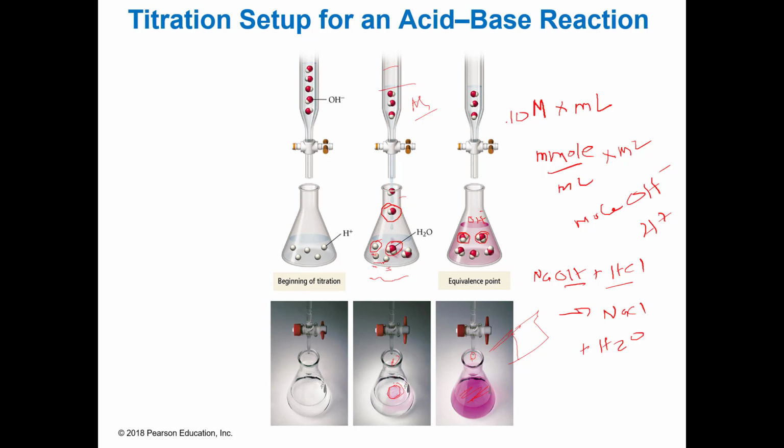If you know the moles of the hydrogen ion, then you can divide by the volume of acid that you placed in the flask, and you get the initial concentration of the acid solution. So that's what you're going to be doing. This is the simplest case scenario, a strong acid with a strong base, called the neutralization reaction. And with neutralization, you always get salt and water.